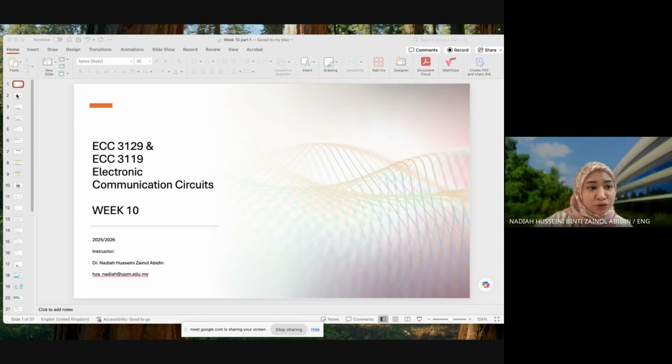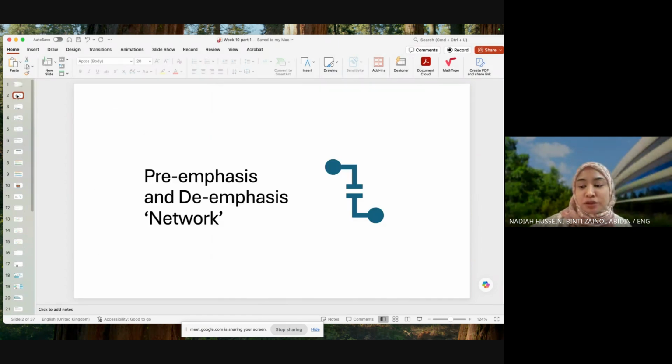So today we are going to talk about pre-emphasis and de-emphasis network. Last week we talked about PLL, phase locked loop, and we discovered that it is actually a feedback system, the first time that we saw a feedback system for a communication receiver.